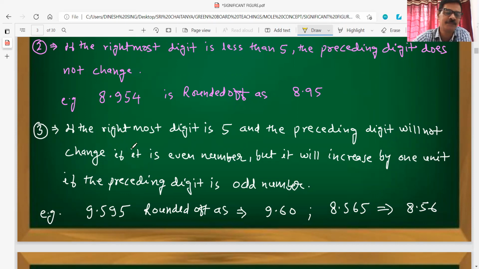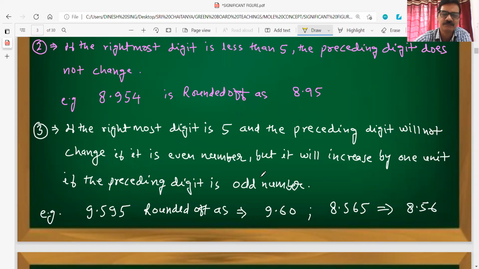If the preceding number is even, then its value will not change. If the last digit, or rightmost digit, is 5, the preceding digit will increase by 1 unit if it is an odd number.